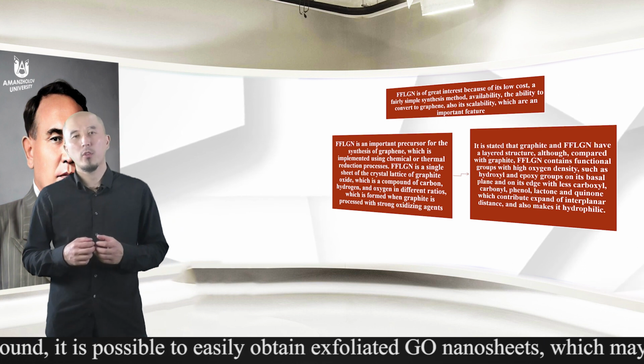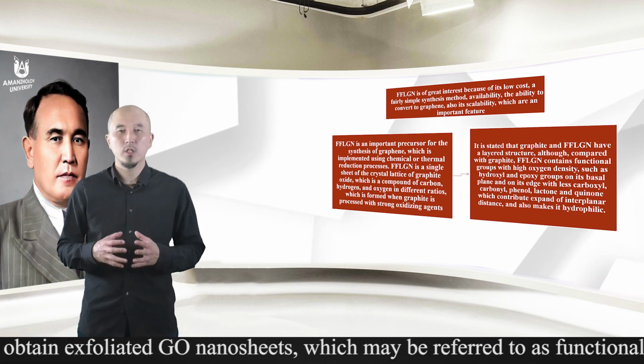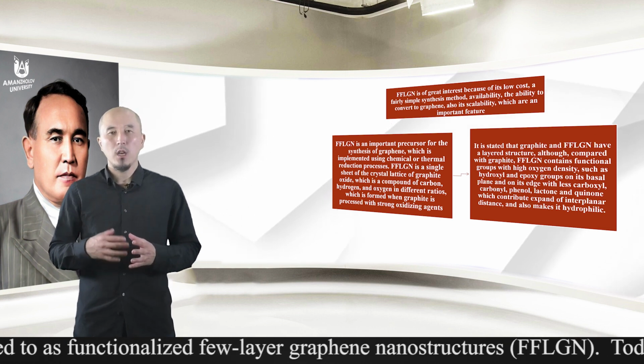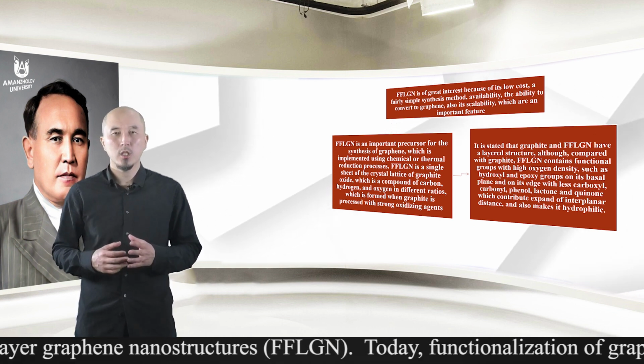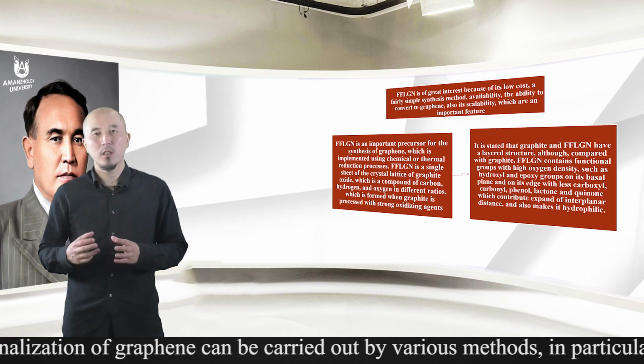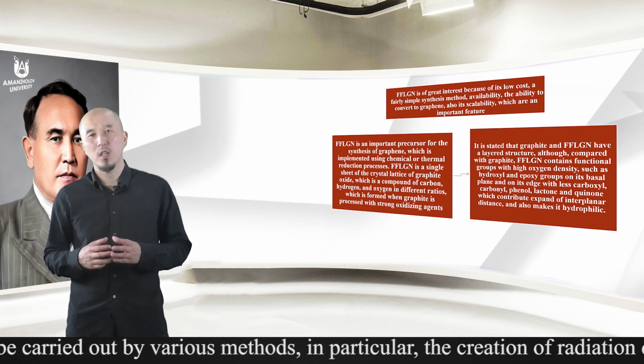Then, from this bulk functionalized graphite using the most common ultrasound, it is possible to easily obtain exfoliated nanosheets, which may be referred to as functionalized few layer graphene nanostructures, FFLGN.